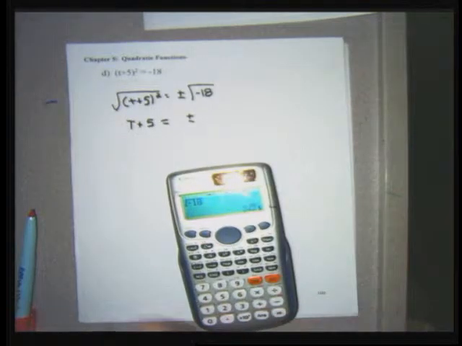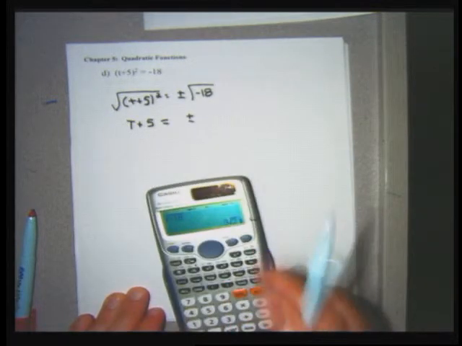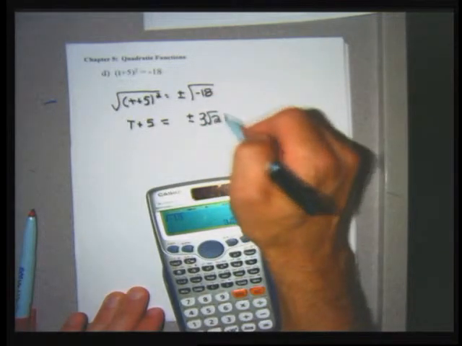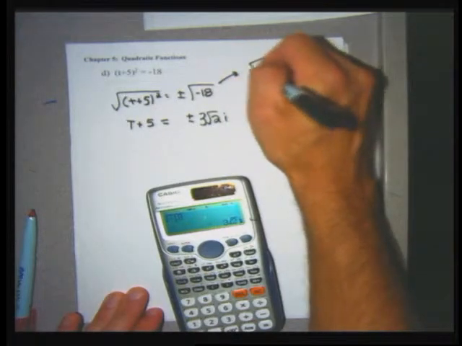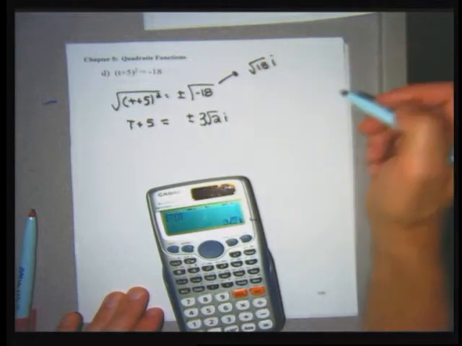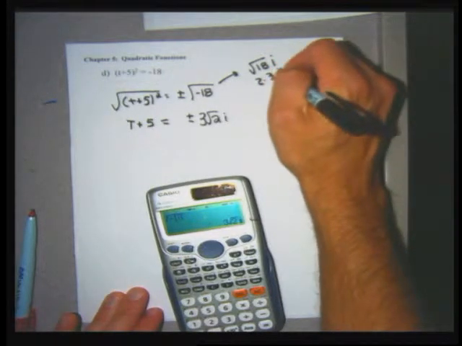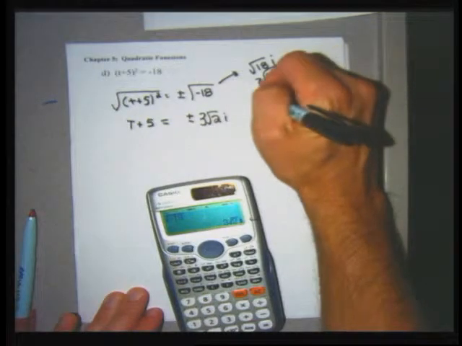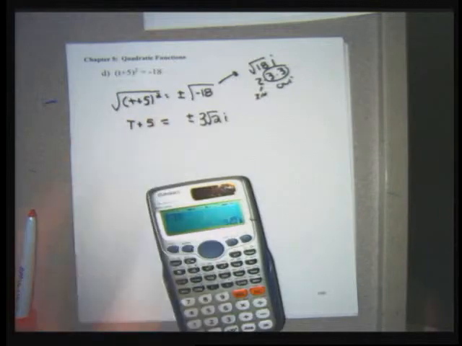And that gives me 3 square root of 2 times I, after the plus or minus sign. And I could have reduced that by hand real easy, because with the square root of negative 18, you get an I because of the negative, and 18 is 2 times 3 times 3, which makes me get a 3 outside the radical and a 2 under the radical, which is what I got from my calculator.